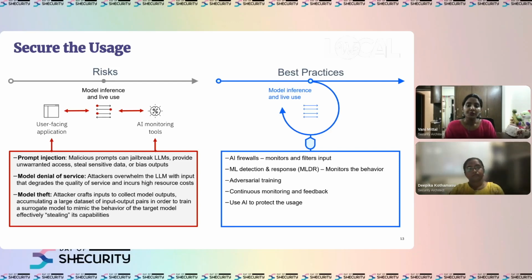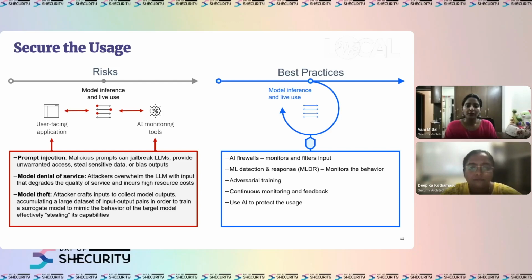Another best practice in this stage is adversarial training, which involves deliberately exposing the model to malicious inputs so that it learns to recognize such input. Now, here also use AI to protect AI. As an example, AI can be used to generate adversarial examples that can be used during the adversarial training.